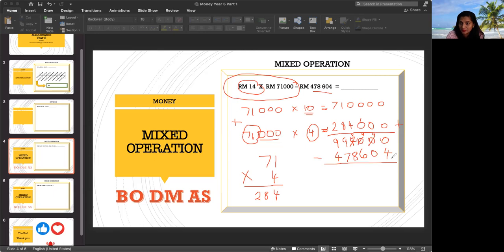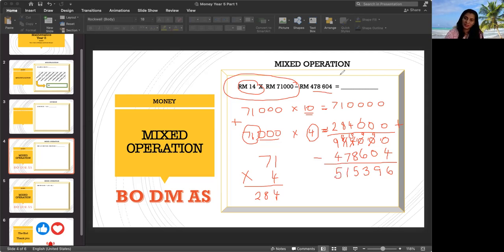So now 10 minus 4, yes, 6. 9 minus 0, 9. 9 minus 6, 3. 3 minus 8, you'll need to borrow. So this will become 8 and this will become 13. 13 minus 8 is 5. Here was 8. So 8 minus 7 is 1. And 9 minus 4 is 5.